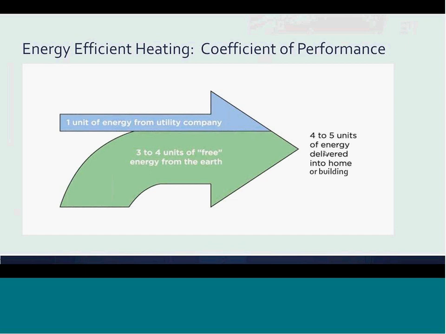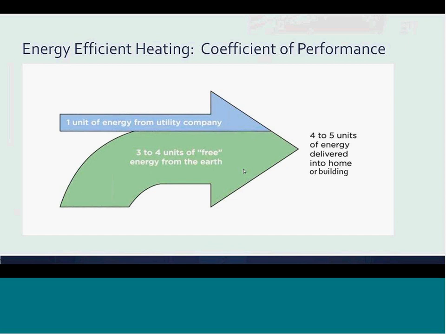This magnification of the original 1 kilowatt of energy purchased is due to the heat being extracted from the earth, shown here, the heat pump thermodynamic cycle, and the direct application of both fan and compressor energy into the water or air distribution system.